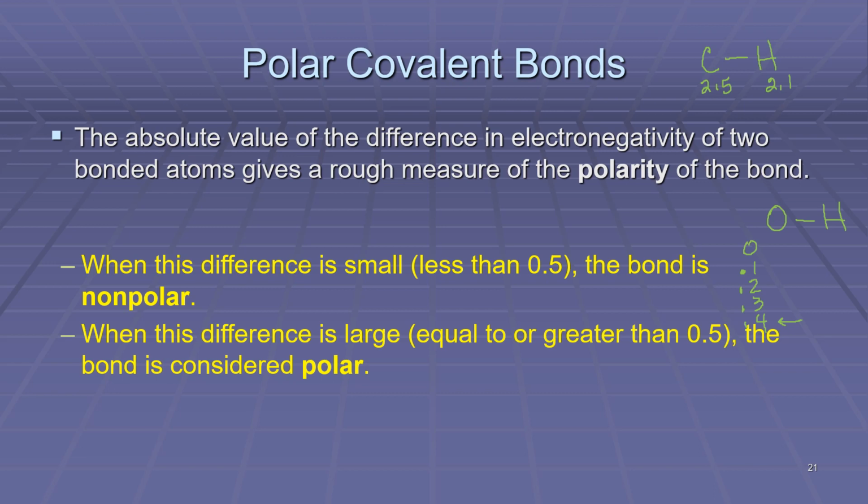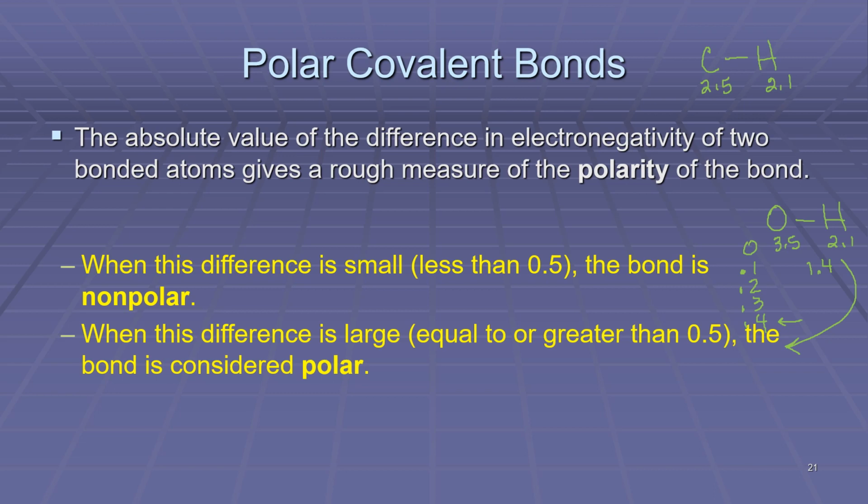H is 2.1, O is 3.5. The difference between these is 1.4. So we're going to put that into the polar category. So anything equal to or greater than 0.5, we're going to consider polar.